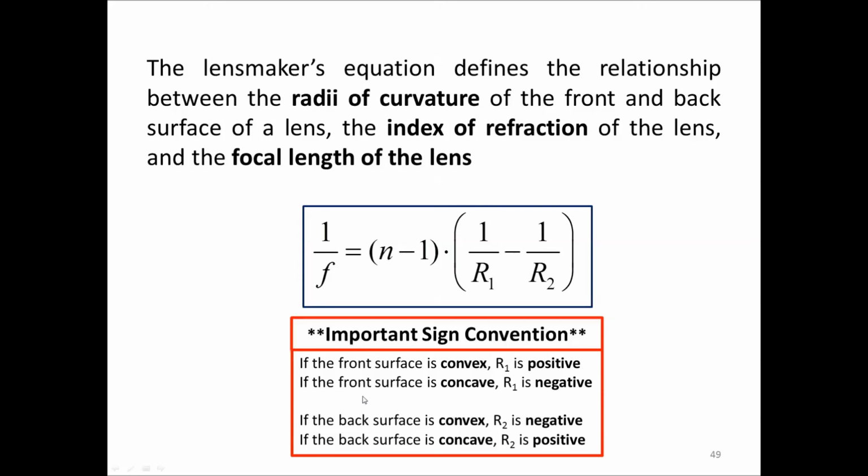If the front surface is convex, R1 is going to be positive. If it's concave on the front surface, R1 will be negative. Now, for the back surface, if the back surface is convex, R2 is negative, and if the back surface is concave, R2 is positive. It's the reverse of R1. So keep these things in mind and enjoy the Lensmaker equation.